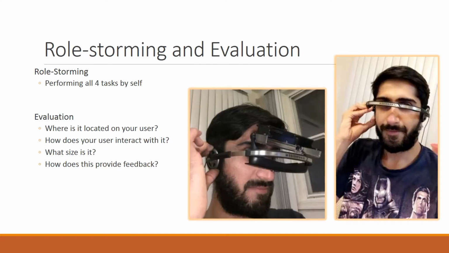Task analysis gave me a lot of information about the device interaction and the design that I would be creating. But now I needed more user-centric analysis to be done. So I thought of performing rolestorming, and I practically put on a prototype sort of visor using my headphones and household stuff I had, and tried performing those tasks myself.